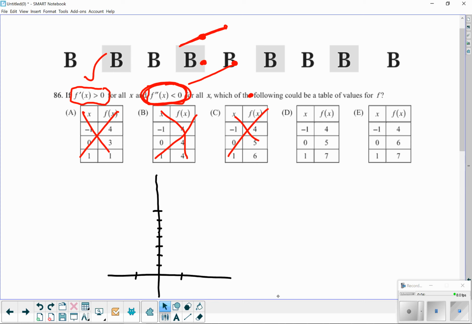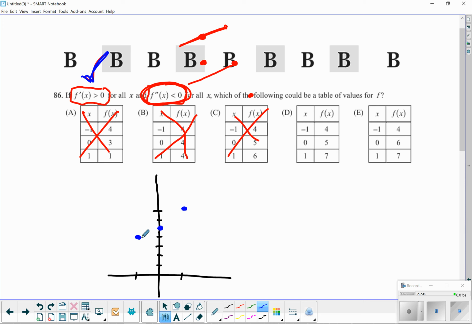D, I'll use a different color. Right. D, if we look at that, negative 1 is 4. 0 is 5. And then 1 is 7. You can see that the derivative is greater than 0 because it is increasing.